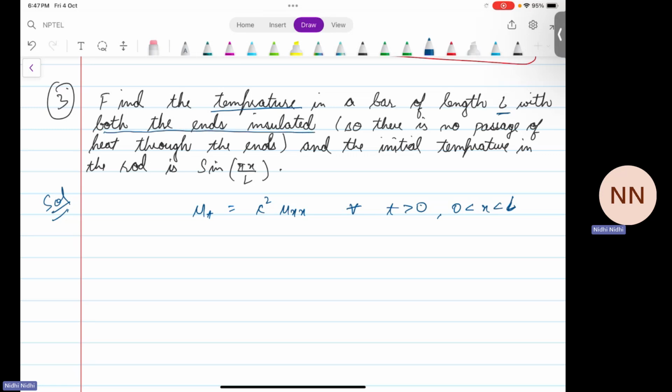That means at the end points there is no transfer of heat. That means at that point the temperature can be taken as 0. So we have u 0 t is equal to 0, which is equal to u L t for every t positive.